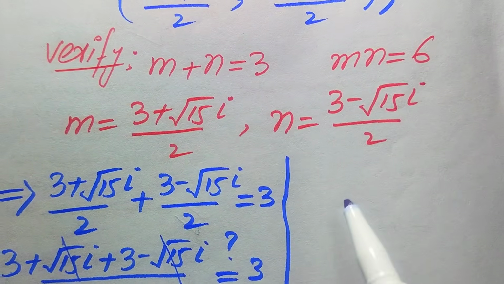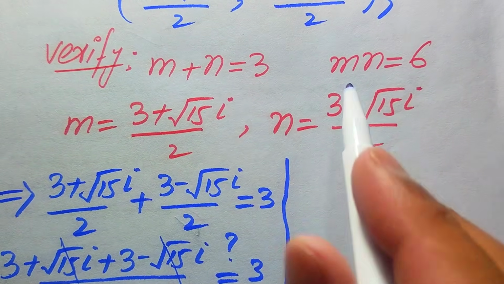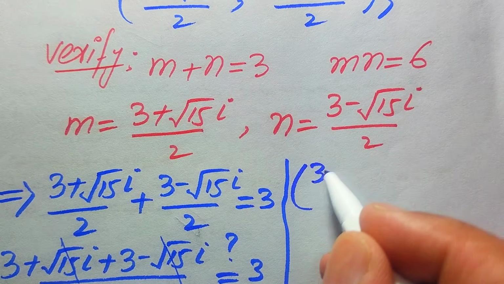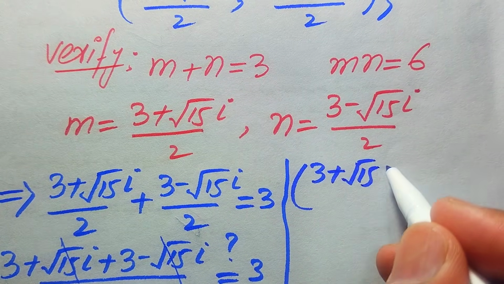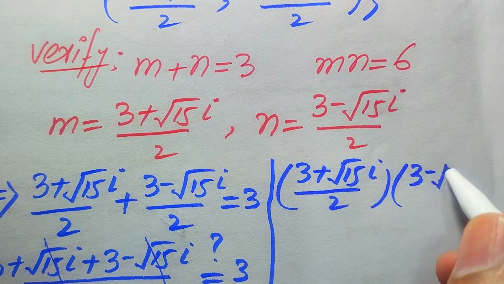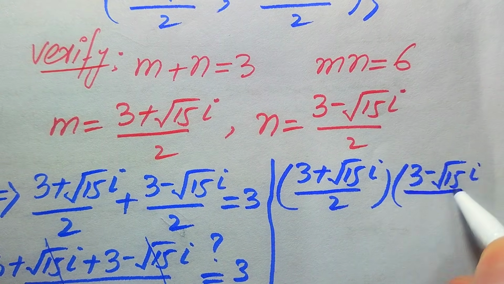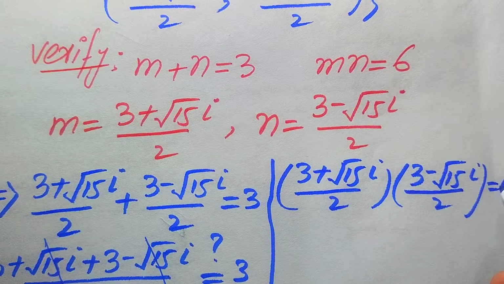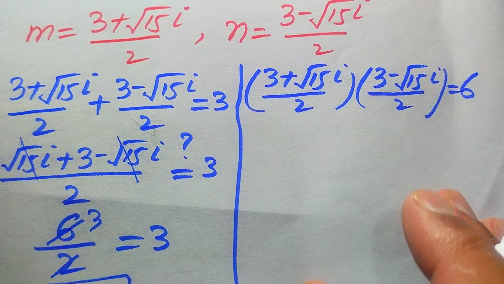In the same pattern we verify the second equation, and we use both of these two values here, and it becomes 3 plus square root of 15 iota divided by 2 times 3 minus square root of 15 iota divided by 2, and we check whether this equals 6 or not.